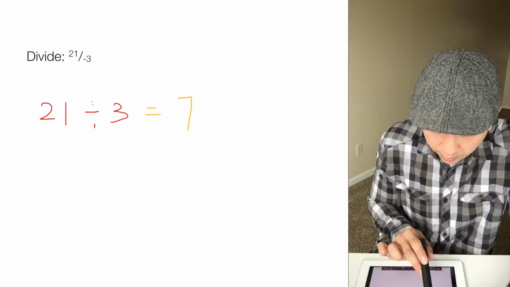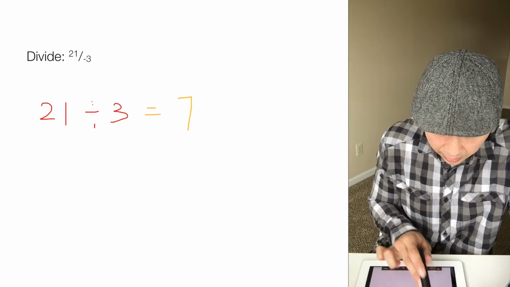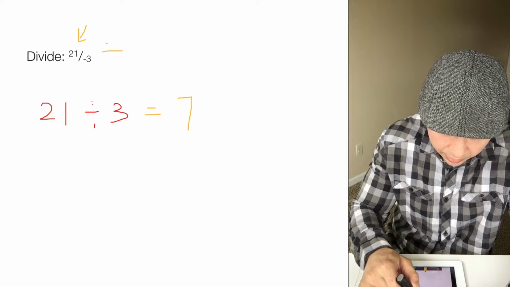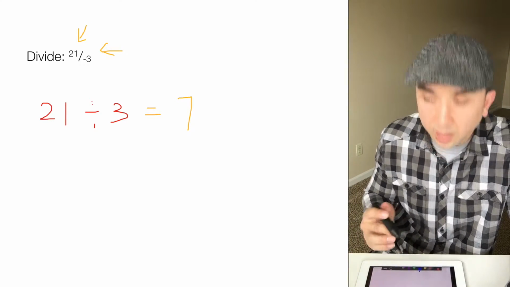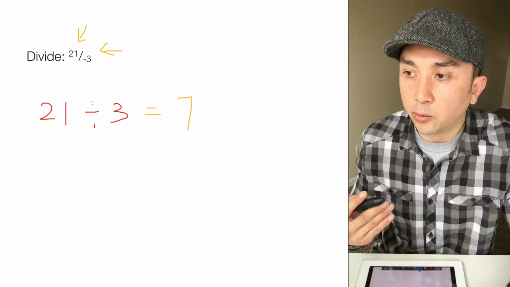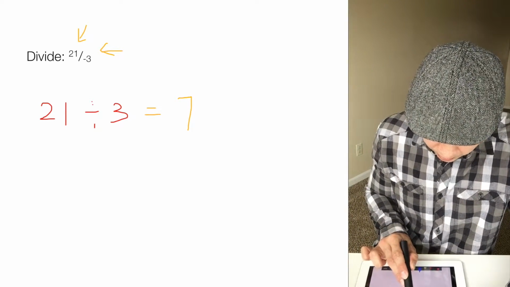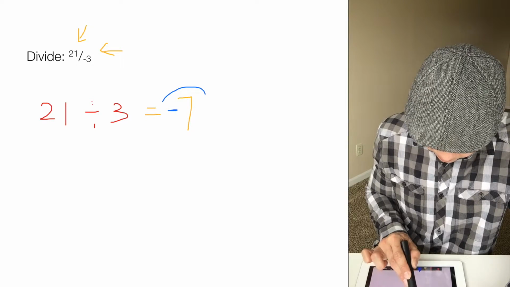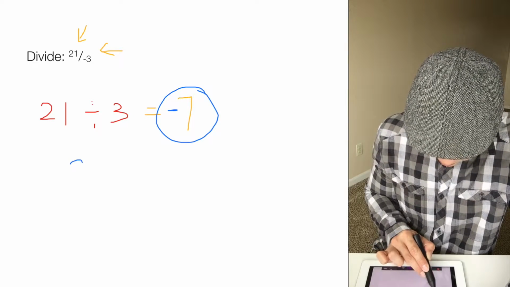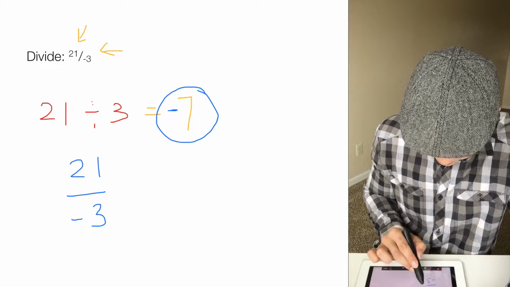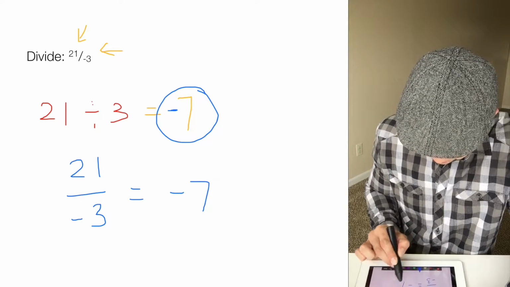Because the two numbers have different signs, a positive 21 and a negative 3, our quotient is going to have a negative sign. So we have negative 7. So 21 divided by negative 3 gives us negative 7.